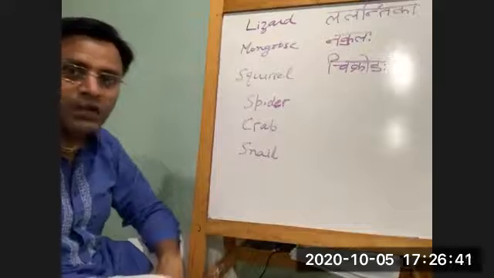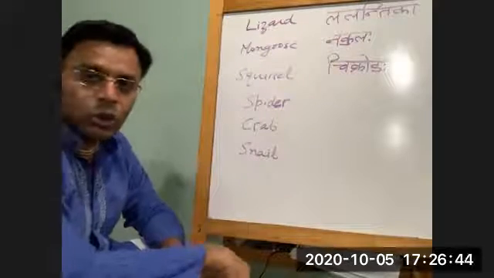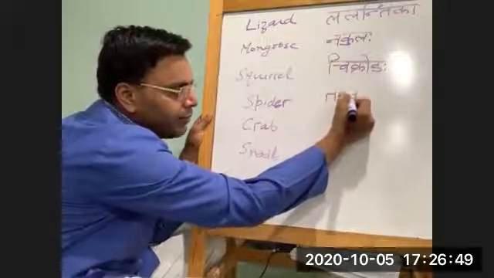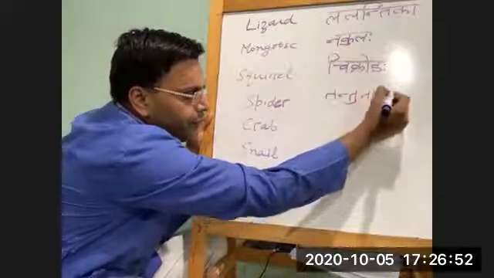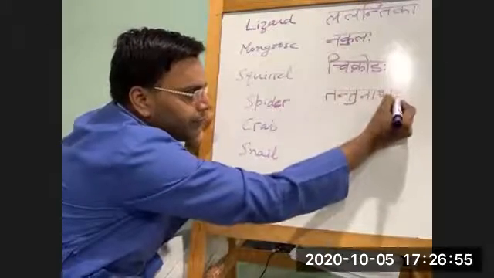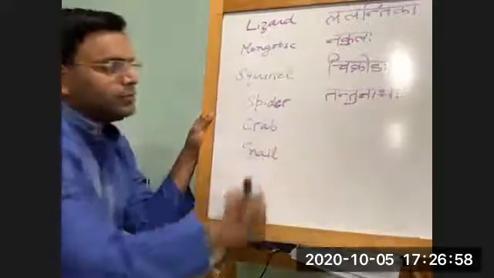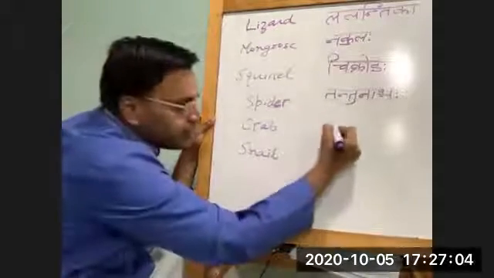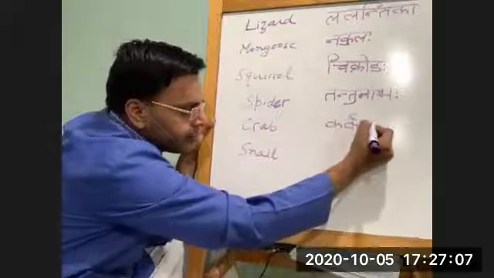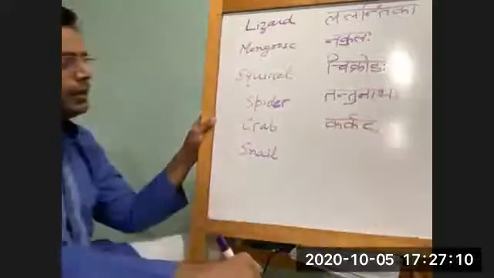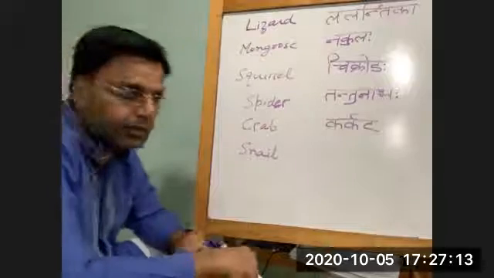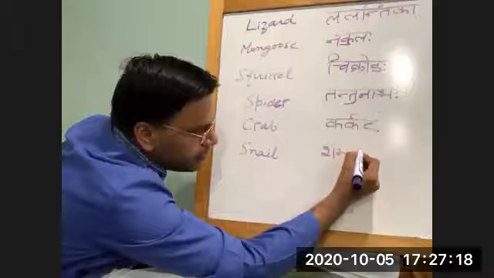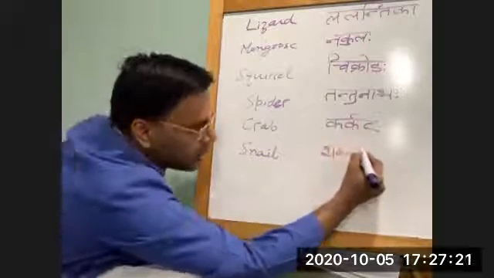Now let's do what a spider is called. Spider is called tantunabha. Okay, so tantunabha. A crab is called karkat. And a snail is called shambhuka. It's shambhuka or shambhuk, I think.